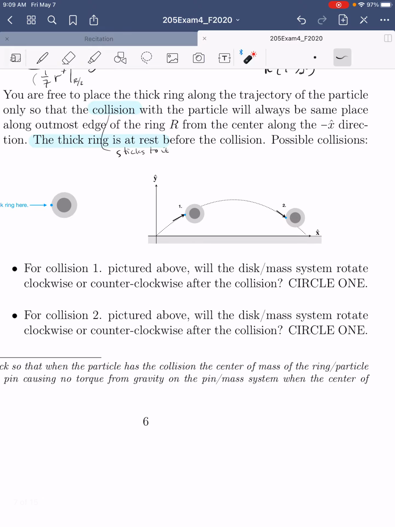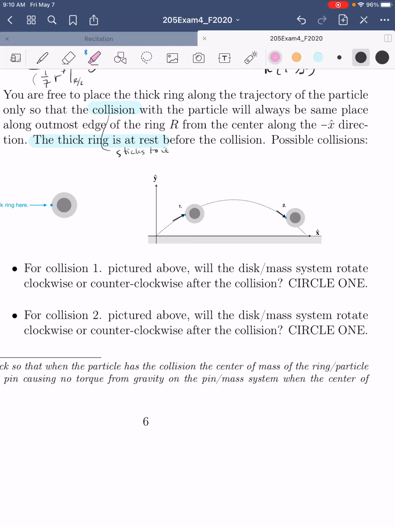And then it says, well, for collision 1, will the disk mass system after the collision be rotating clockwise or counterclockwise? Now, I can look at this and see that it's going to want to rotate this way after the collision. And here I can see that after the collision, it's going to want to rotate this way. So I'm going to put my answers in. I'm going to justify it later, though.